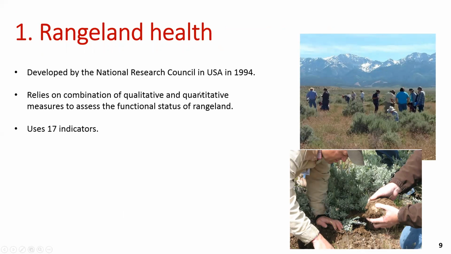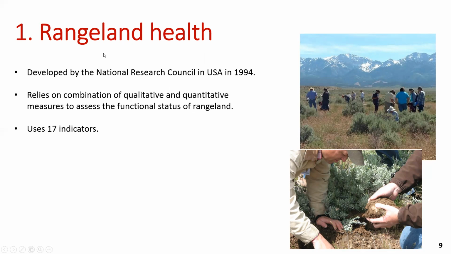So the rangeland health approach was developed by the National Research Council in the USA in 1994. It combines quantitative and qualitative data that can tell you about the status of the rangeland, and it uses 17 indicators. Now, I want you to differentiate between approach and indicators. The name of the approach is rangeland health.